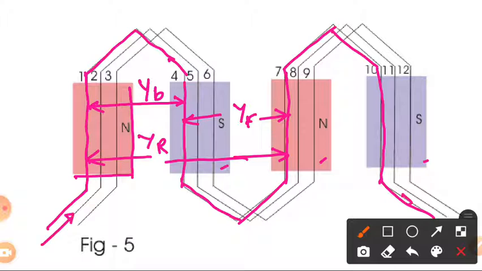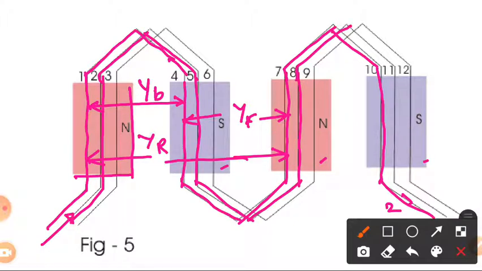It is connected to the coil under the pole, the second coil, and the second coil is once again connected at a back pitch. The end of the second coil is connected to the eighth, at a pole pitch. So the simple wave winding is completed, dear students.